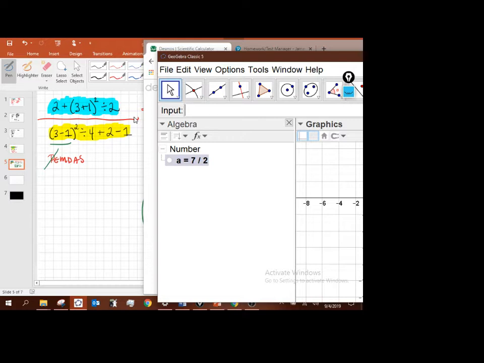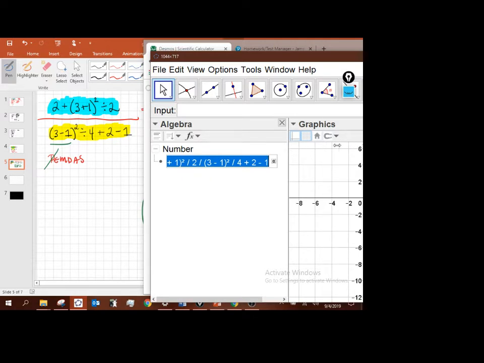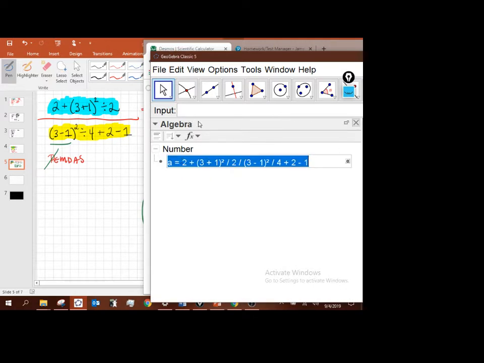So what's going on there is that the calculator is programmed with us needing to use parentheses, with us needing to tell it what order of operations to go through first. So as I wrote that, and I don't know if I can get the whole thing here to show up for you, right there where my cursor is, that division bar above my cursor is that red division bar on the PowerPoint, right?